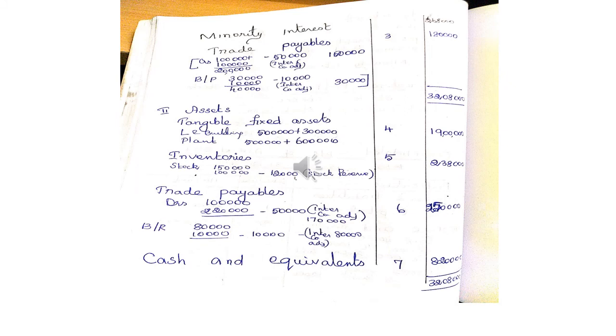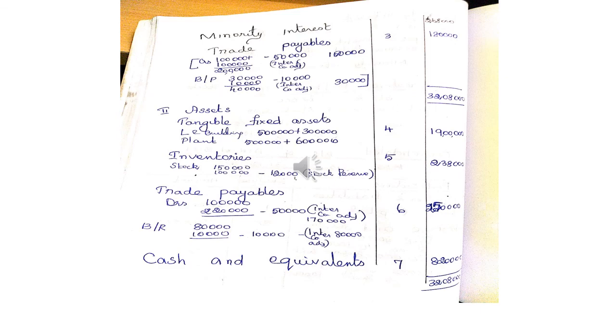Now we get 7,60,000. Then minority interest as per calculation 2,68,000. Trade payables, creditors, total is 2 lakh. Then intercompany adjustment 50,000, we have to subtract it.